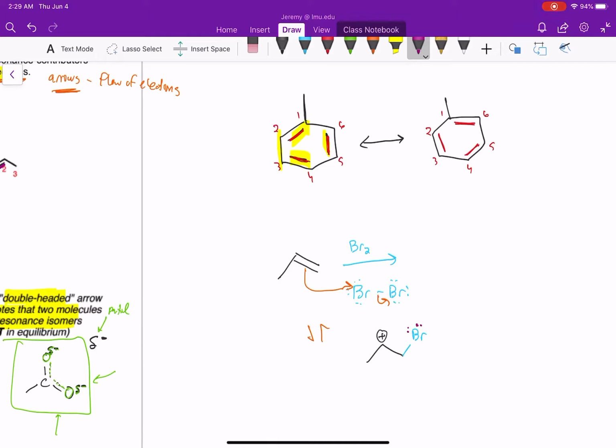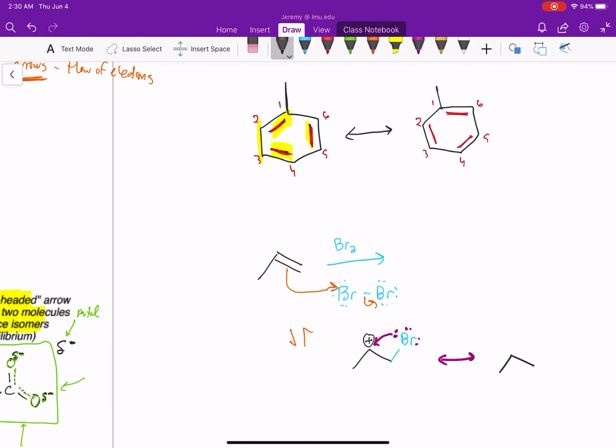And what we said here is that this structure can be represented by two structures, whereby this bromine can have 3 lone pairs, or it can actually be connected to that other carbon via a bond. So we can think of this as another resonance structure here, where now the bromine has a plus. So in one resonance structure, the bromine has a lone pair, and the other one is forming a bond to that carbon. So this is another example of how we've encountered resonance structures a little bit.